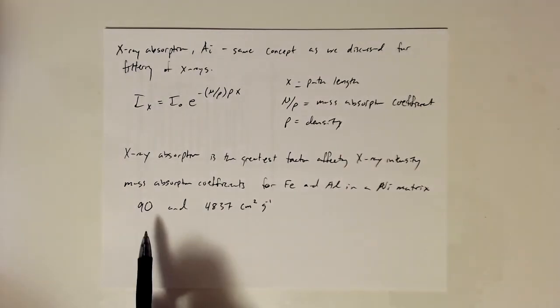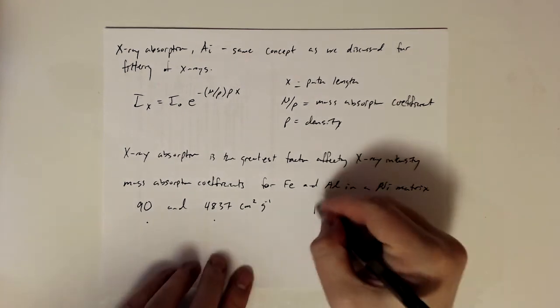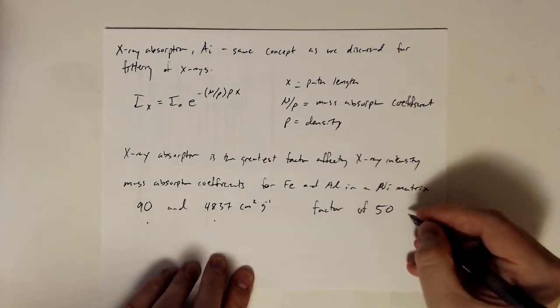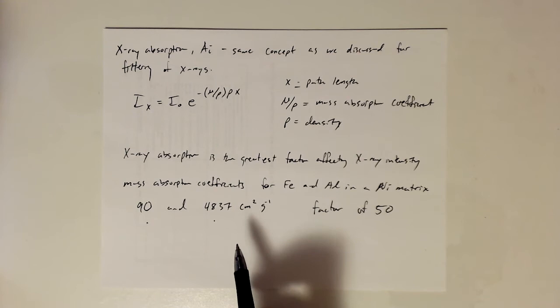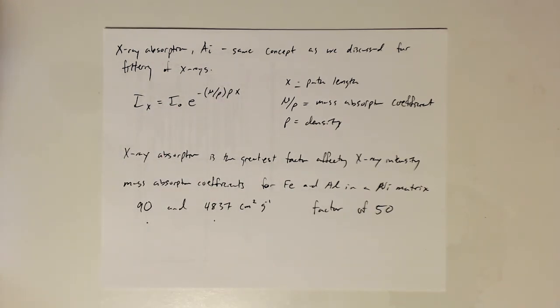So iron and aluminum in the nickel matrix, this is a factor of 50 difference. So this has huge implications for X-ray intensity. So we really need to concentrate on X-ray absorption if you're using the ZAF method.